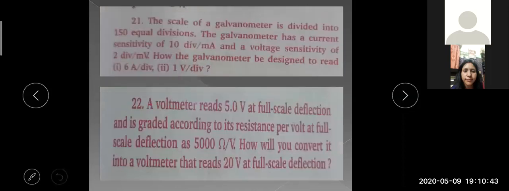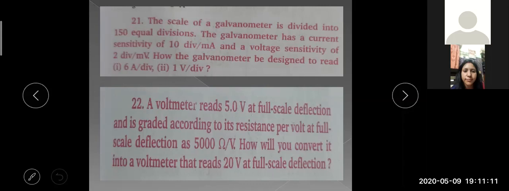Okay. Now next question is, the scale of a galvanometer is divided into 150 equal divisions. The galvanometer has a current sensitivity of 10 divisions per milliampere and a voltage sensitivity of 2 divisions per millivolt. How should the galvanometer be designed to read 6 ampere per division or 1 volt per division?